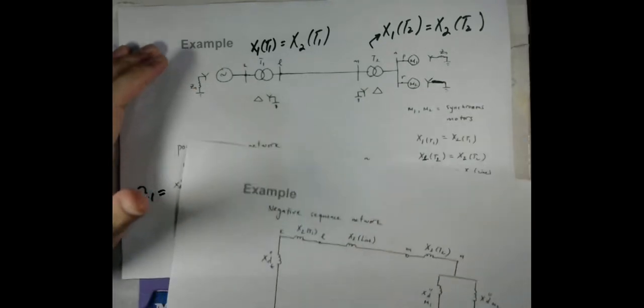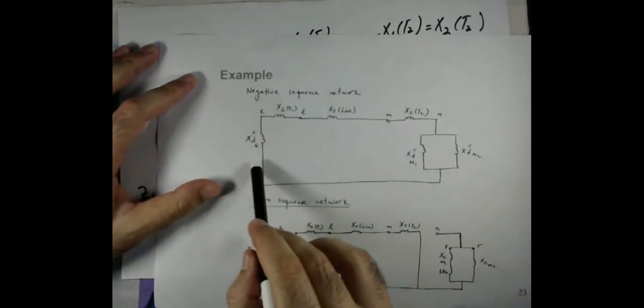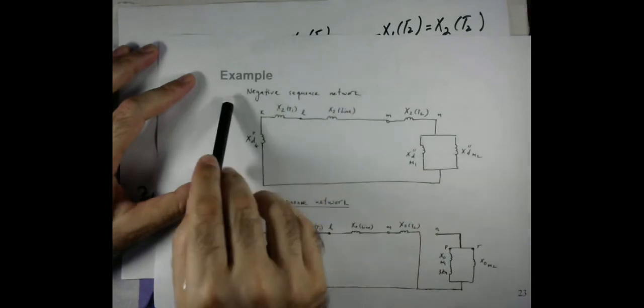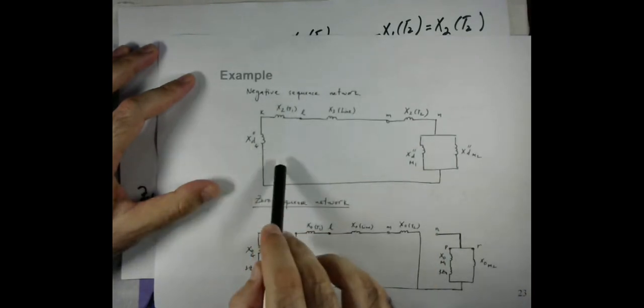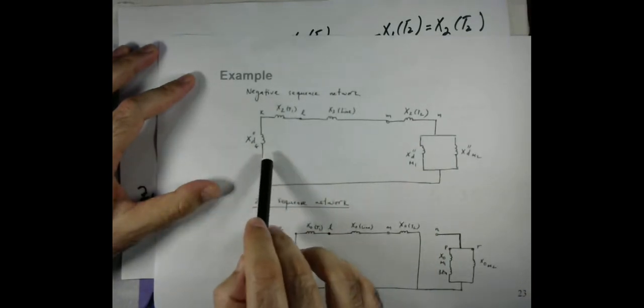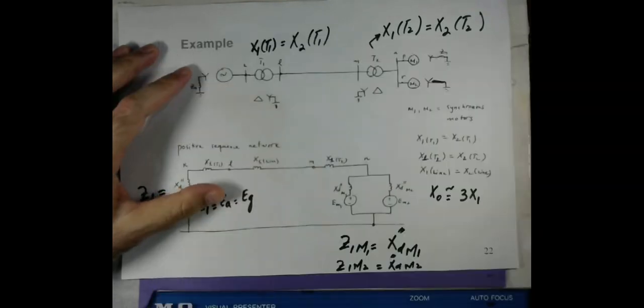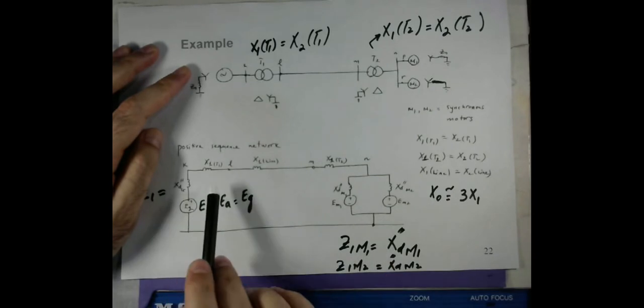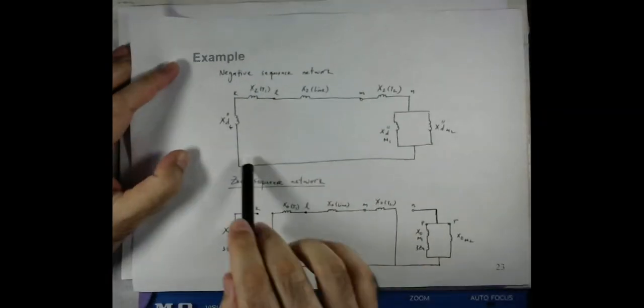So now accounting for these two facts, we do not have a source here, because now we are talking about the negative sequence network, and we know that in the negative sequence network there is no voltage source. Also the voltage sources now here are 0. So putting these three equal to 0, we will get this particular case.